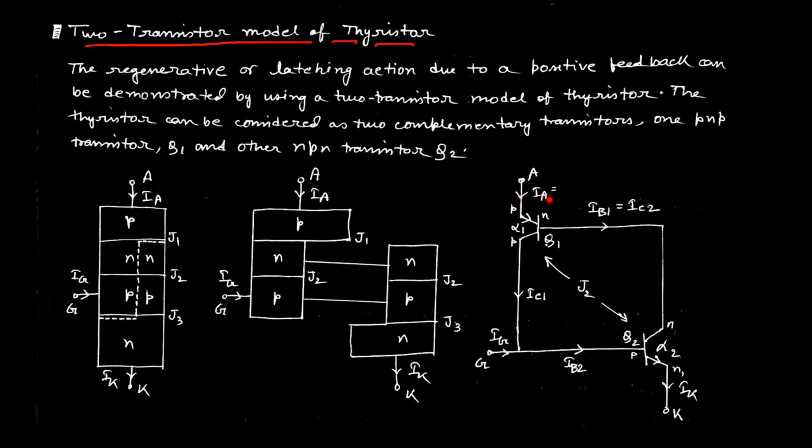That is why IA is equal to IE, the emitter current for Q1 transistor. Similarly, IK is the cathode current of the Thyristor, which is the emitter current of Q2 transistor. And this is IG, which provides the positive feedback, as we inject this gate current into the device.